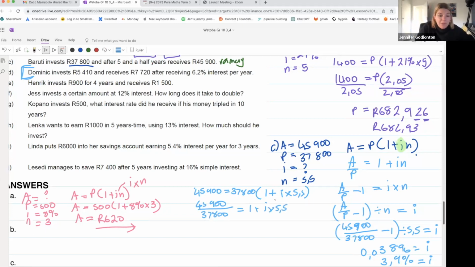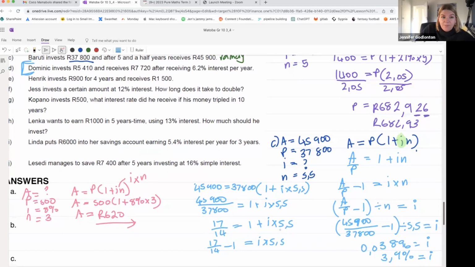Now some people like to work that value out, and that's absolutely fine. So I'm going to work that out for you here because fractions panic some people. That's normal. So we're going to have 17 over 14 is equal to 1 plus I times 5,5. So our next step is we want to move that 1 over. So we want to have 17 over 14 minus 1 is equal to I times 5,5.